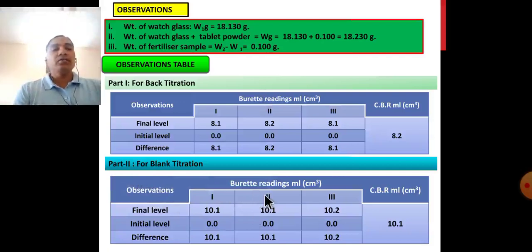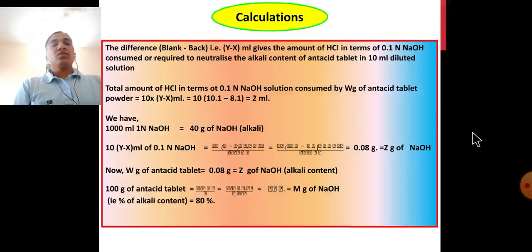Final burette readings are 10.1, 10.1 and 10.2, and the differences are 10.1, 10.1 and 10.2. Two readings are constant, that's why 10.1 ml is the constant burette reading.